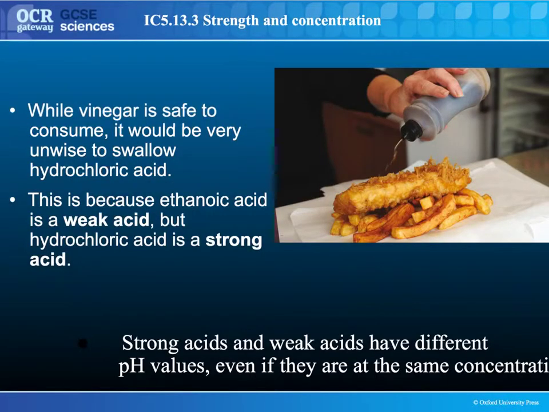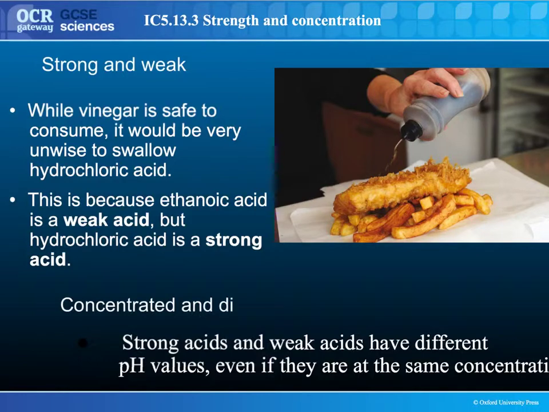So there are four key terms you need to be aware of in this lesson. They come in pairs. The first pair of terms are strong and weak. The second pair are concentrated and dilute. They're often used interchangeably in chemistry, but they mean very different things.